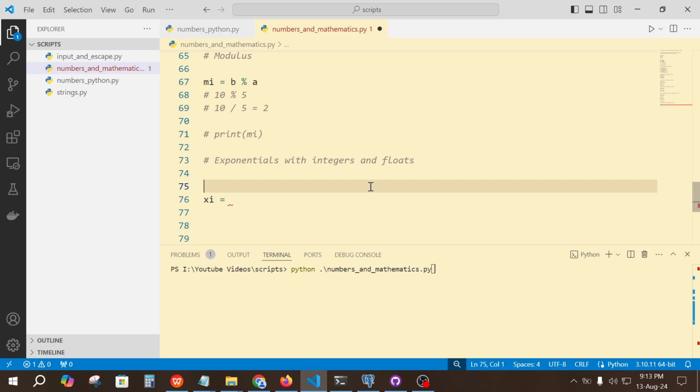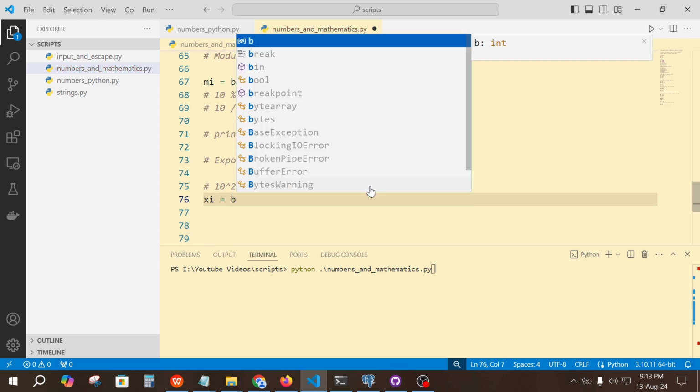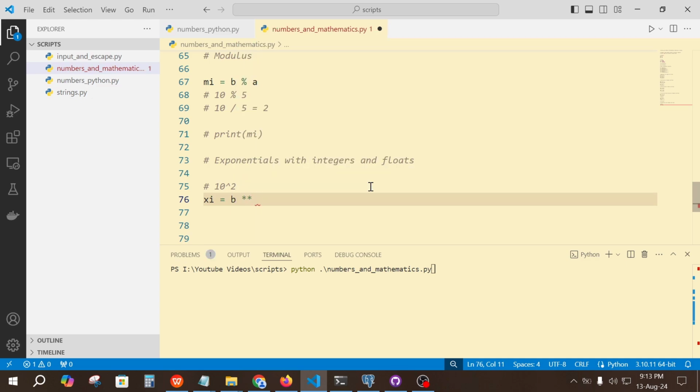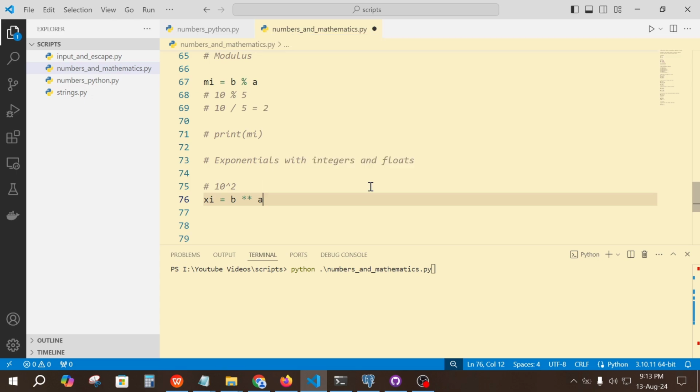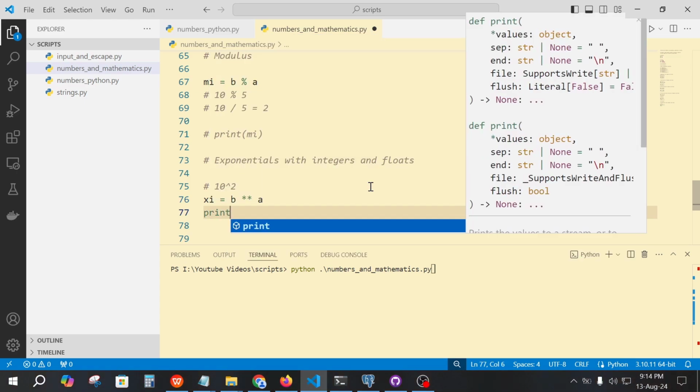Let's say I first write an example like 10 to the power of 2. Here we can see it like b to the power of a. So this is 10 to the power of 5, and let me print it.